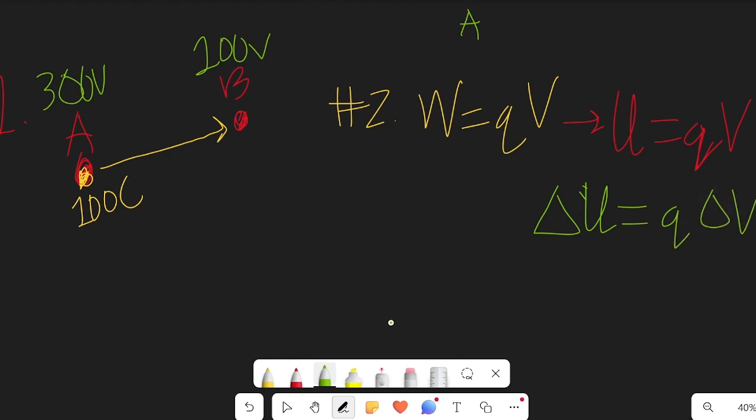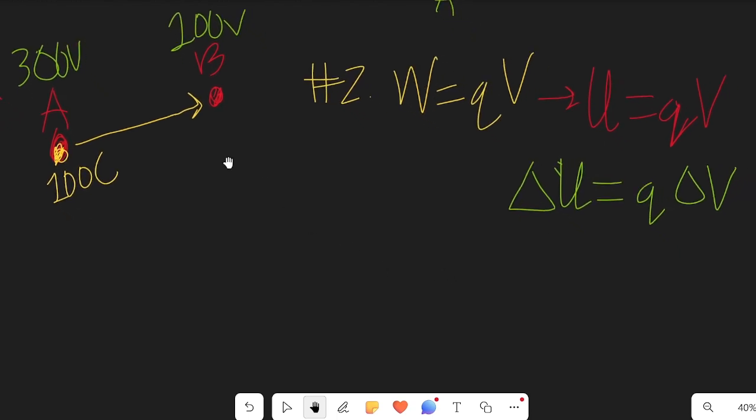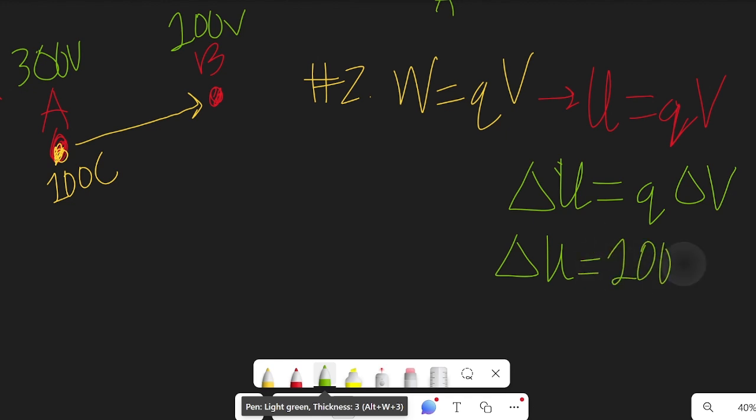And then we can literally just plug in at this point. Going from A to B is a negative 200 volt drop. So we'll start by saying, change in potential energy equals the charge, which is 100 coulombs, multiplied by the potential difference, which is negative 200 volts. That's the amount it loses.